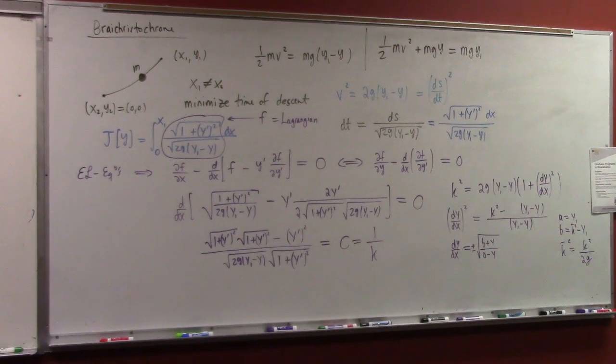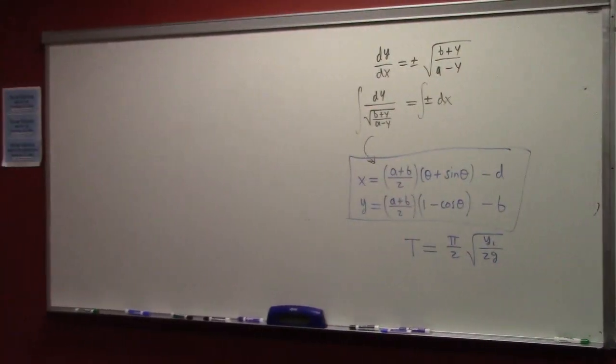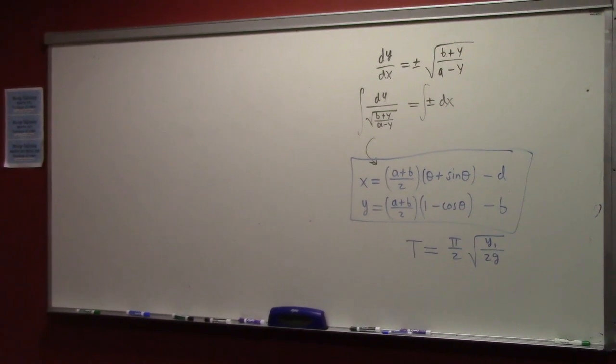Oopsie. It's okay, I didn't derive anything, I just pulled things out of my hat. So we still got a little bit more than 15 minutes left and then I'll stop.